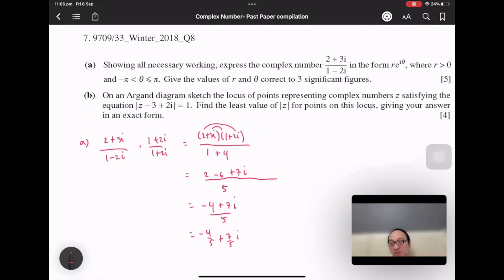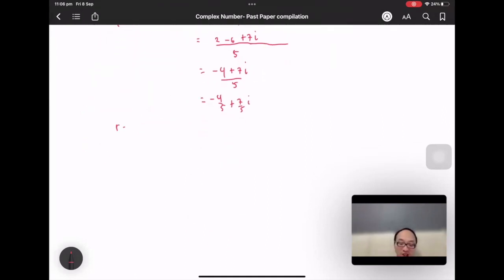And to express in the form of r e to the i theta, so r equals to the Pythagoras, square root of (4 over 5) squared plus (7 over 5) squared. So it's 16 over 25 plus 49 over 25, rooted. So it's root of 65 over 5, in three significant figures, 1.61.